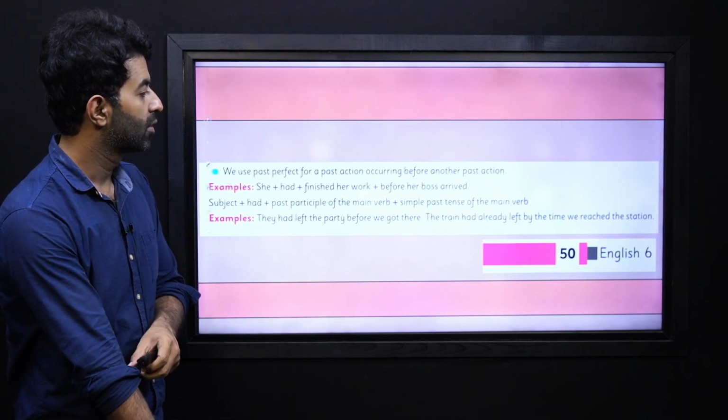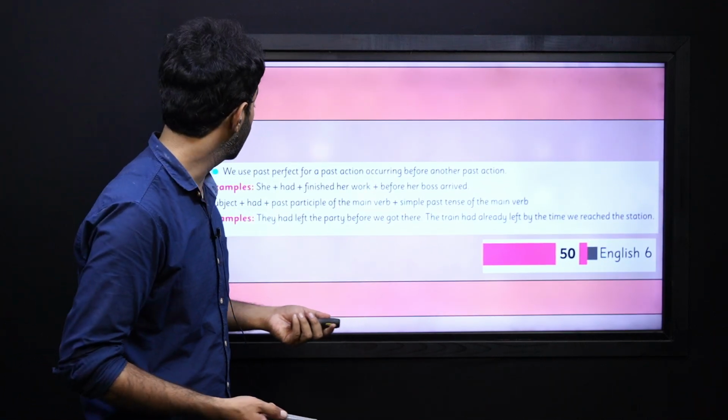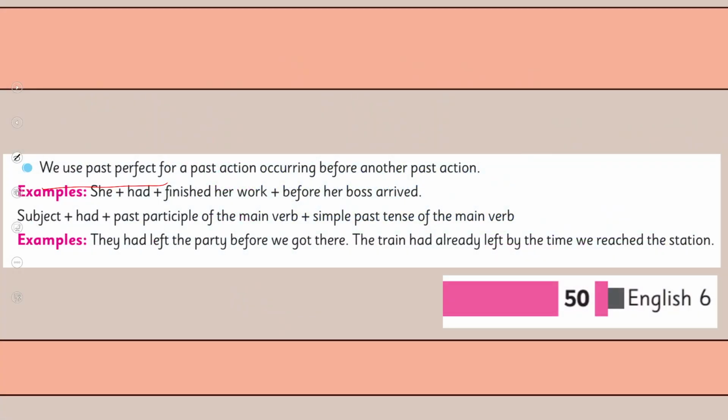Now, on page 50 of your book, let's see. We use past perfect for a past action occurring before another past action. This is what we talked about in our brainstorming. If you remember it, let's see the formula of making this.